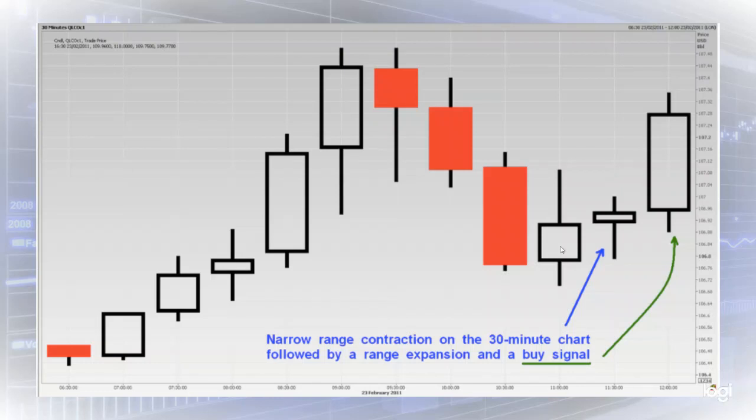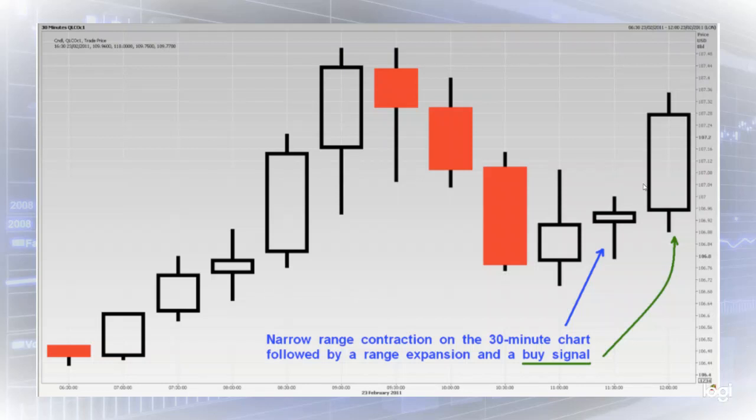This candle was initially within the range of this candle, but it then broke out of the range. This candle, as it was forming, was inside this candle here. We had the low, we had the high, and then it went to a new high, which broke above the high of this candle here.